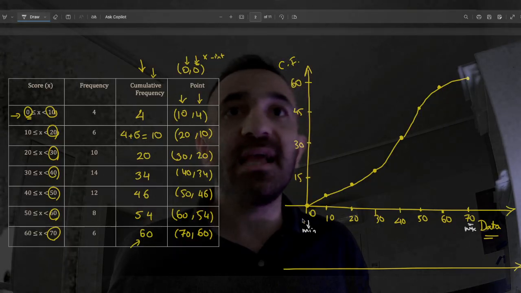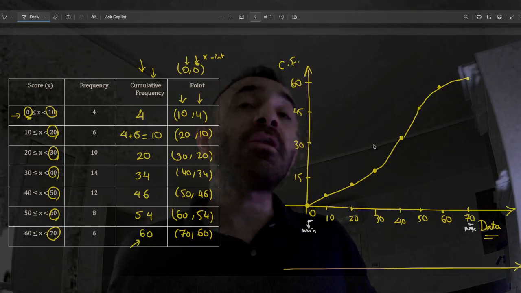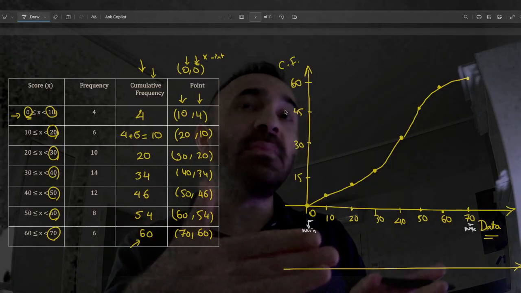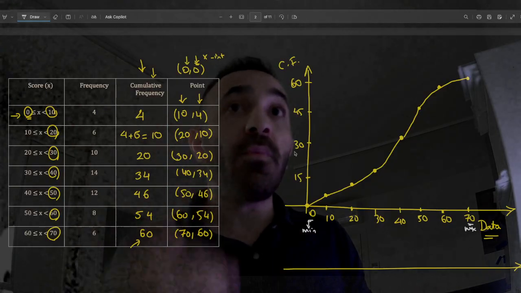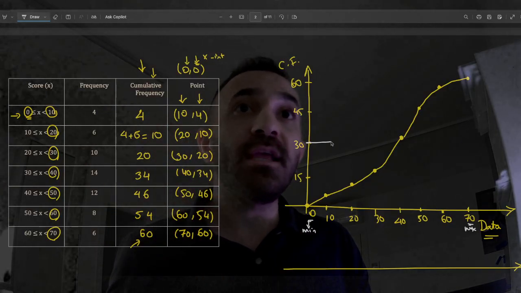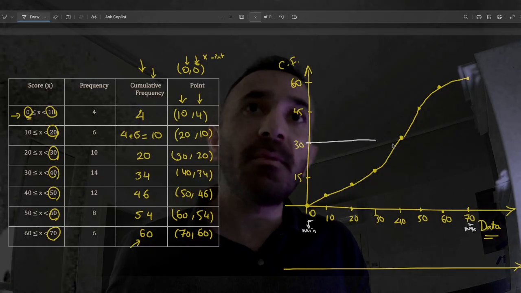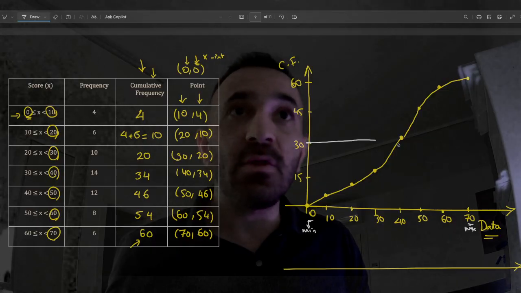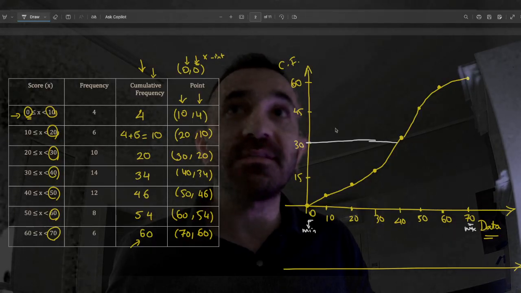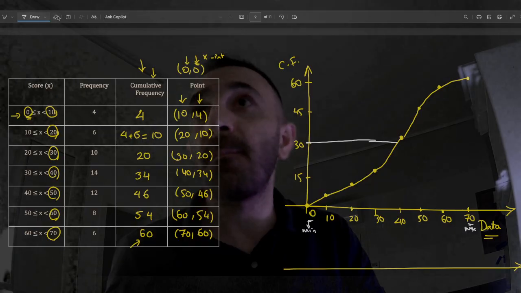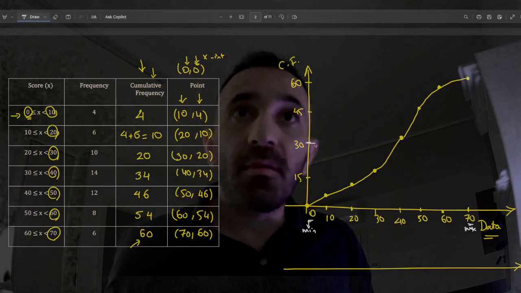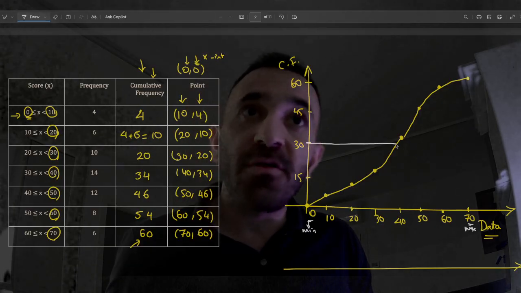Okay, how can I find the median? Median is the data which is exactly in the middle. I have 60 data divided by 2, 30. So this data here, 30, might be a little lower, maybe here, for example. Let me draw it one more time. 30 might be here.